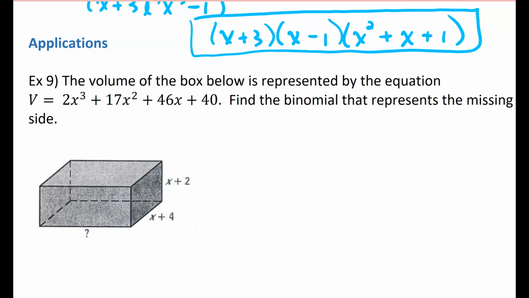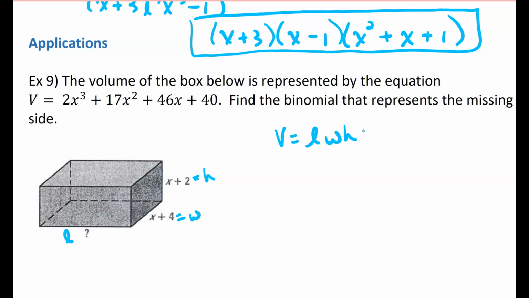And it's asking us to find the binomial that represents the missing side. Okay, so let's say this was the length. We'll say this one is the width, and this one is the height. Okay, and so again, we know that the volume of a box is length times width times height.